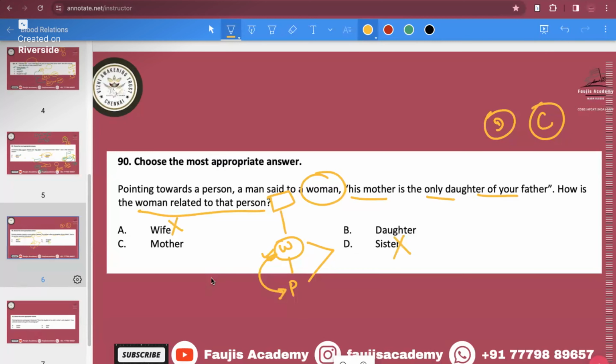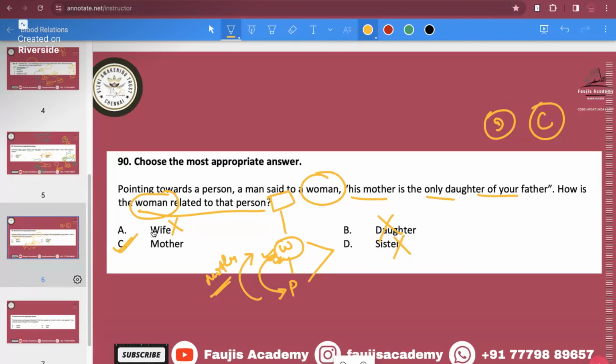Either son or daughter. Basically, that woman is the mother of P. Is this woman the daughter of P? No, it's the mother of P. Right, guys? So what will we choose? C as your answer over here.